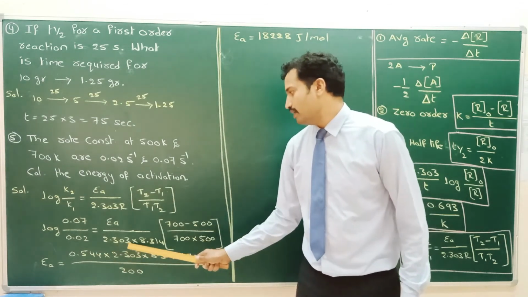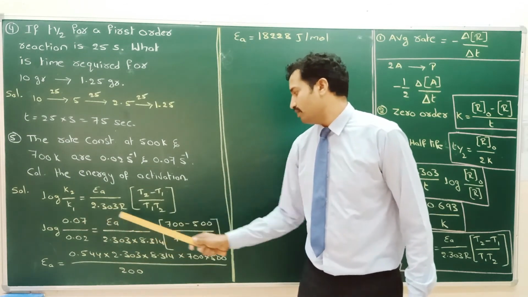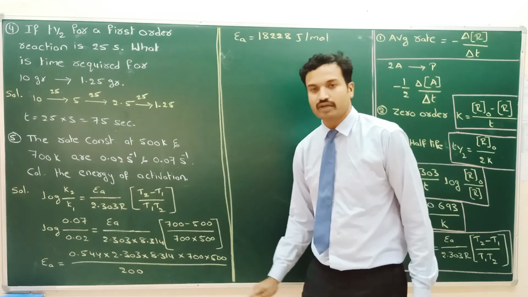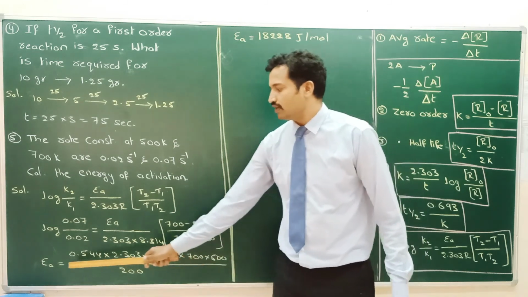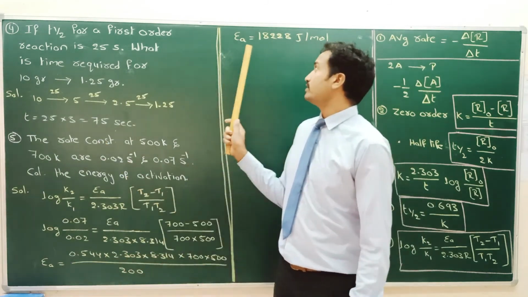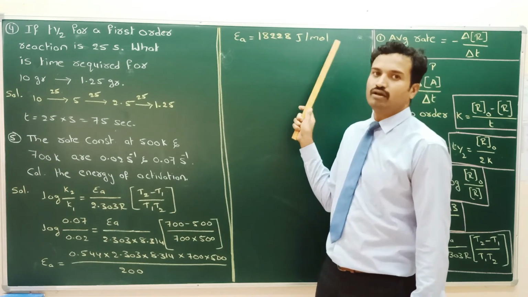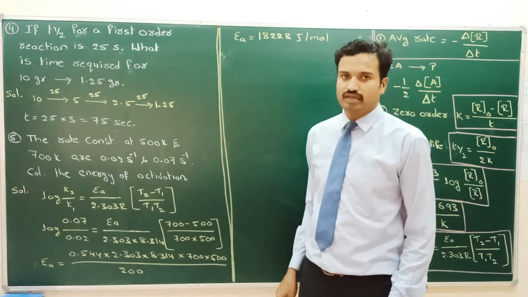Next, 2.303, 8.314, 700 into 500 by 700 minus 500, which is 200. If we calculate this, we will get the activation energy. The activation energy value is 18,228 joules per mole. This is about the fifth numerical.